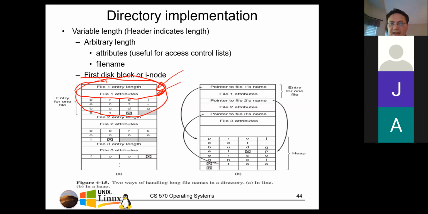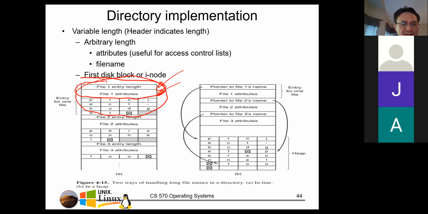Again, usually the attributes there include the owner information, creation time, protection information, and some other attributes. So this is what we call a fixed length header. This header is followed by the actual file name, which has a variable length.